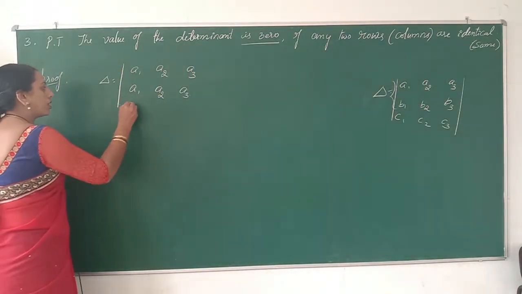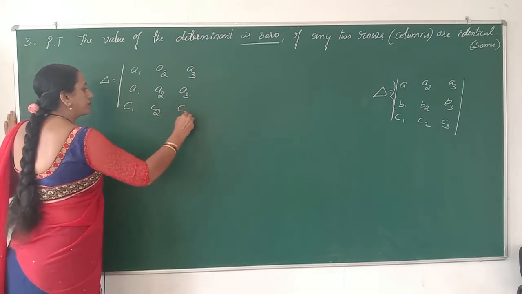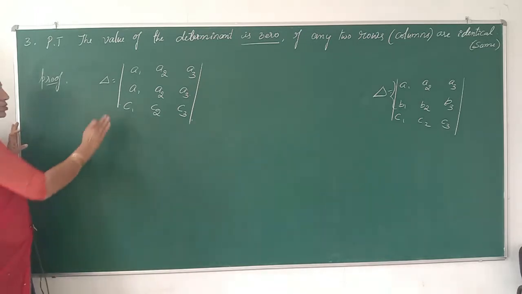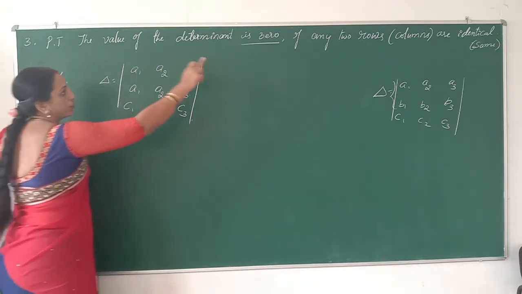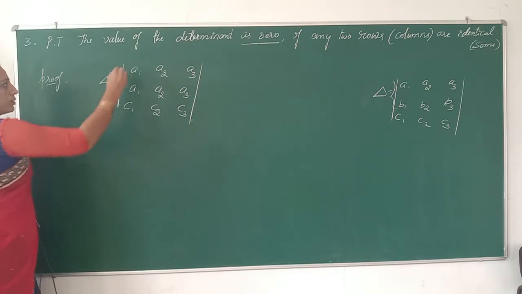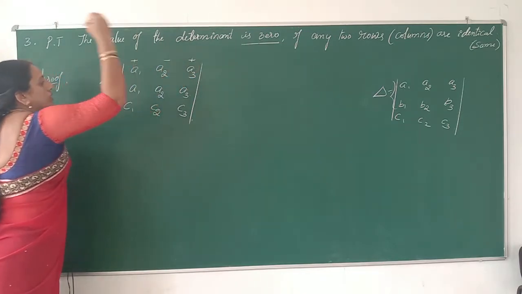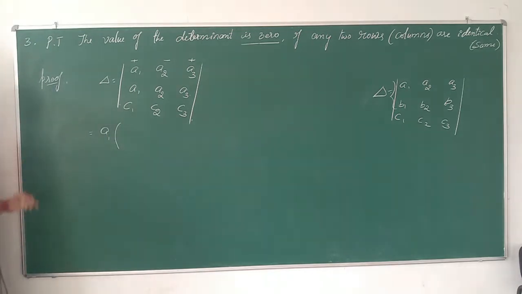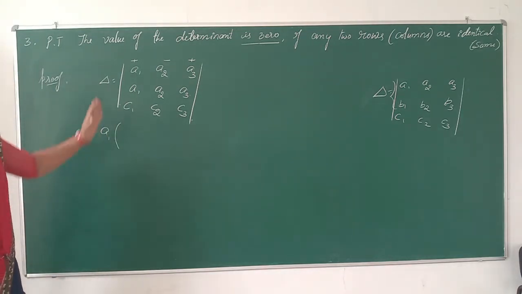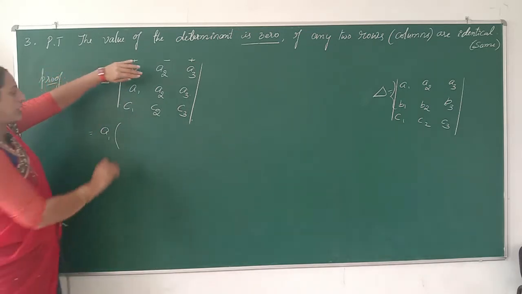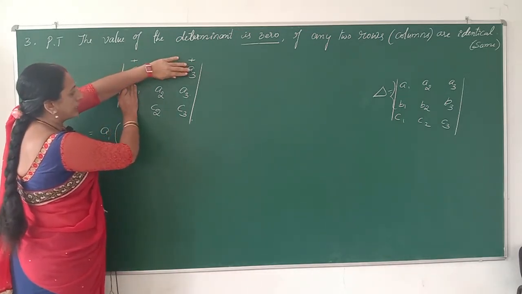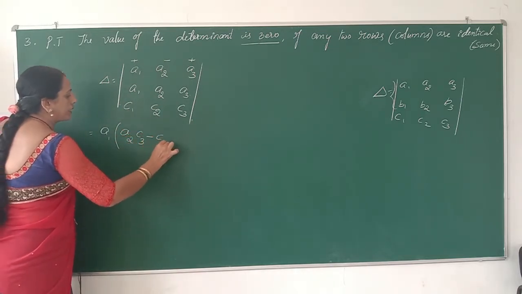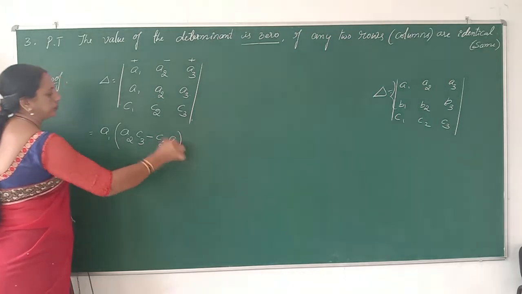But the third column is different, changed with some other element. So now to prove that the value of that determinant is 0, we will expand choosing any row or any column. Therefore the first element is A1. A1 is an element of first row, first column, and these elements are neglected, and the remaining elements are A2 C3 minus C2 A3.